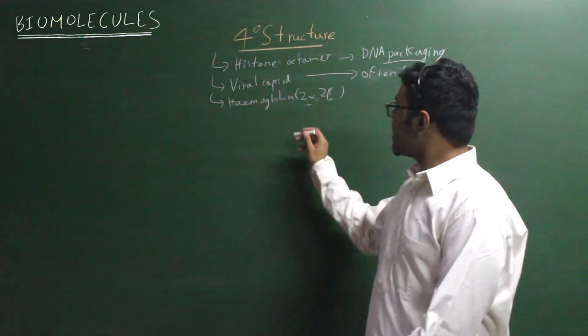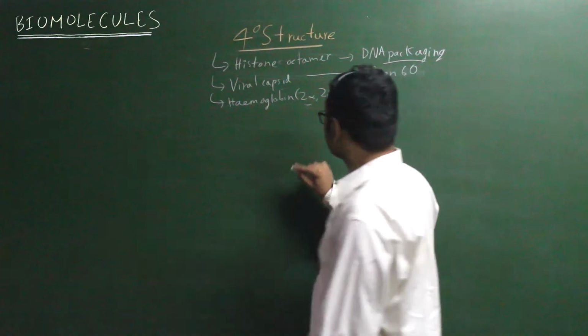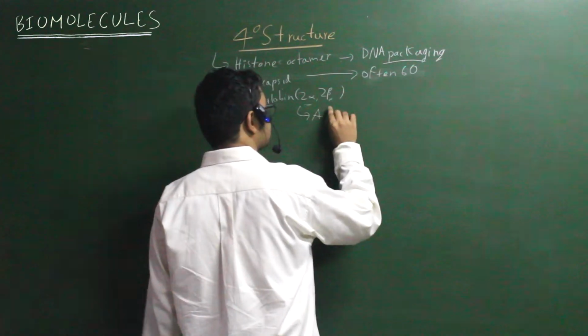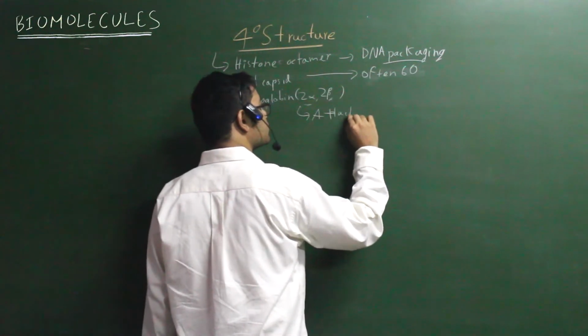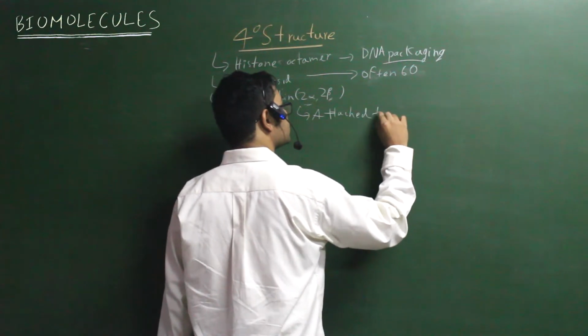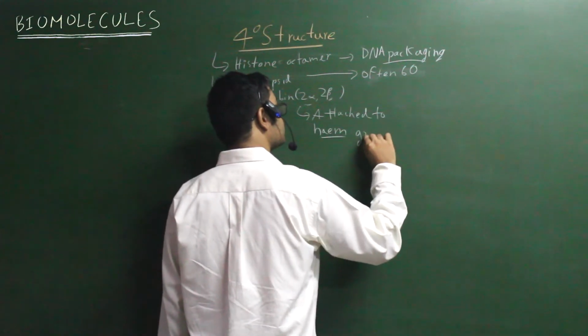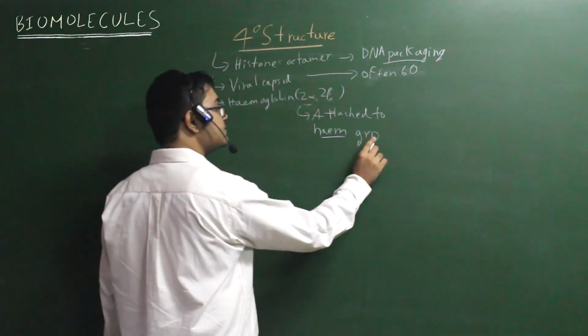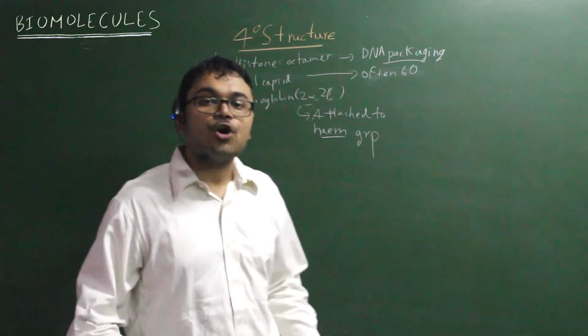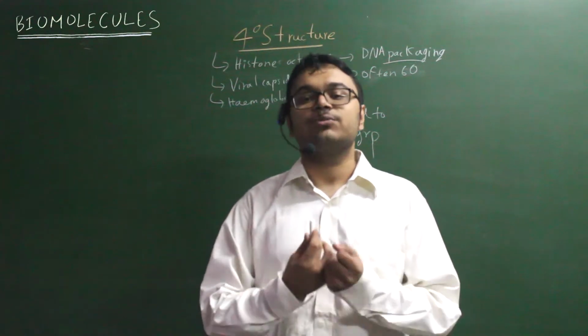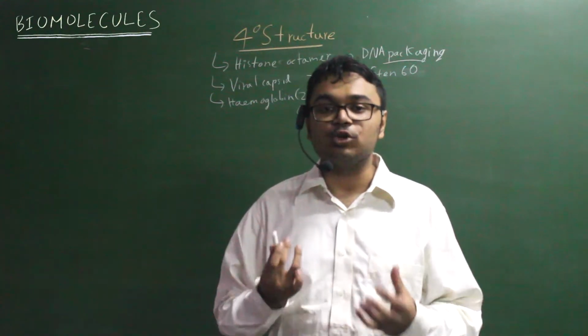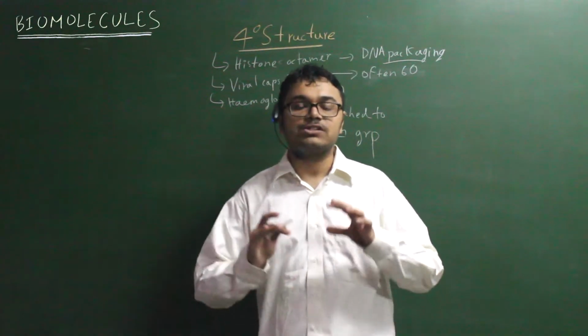And so, by attachment to the heme group, they all get connected, and therefore they form a quaternary structure, which is that of hemoglobin. And that ends the discussion on quaternary structure.